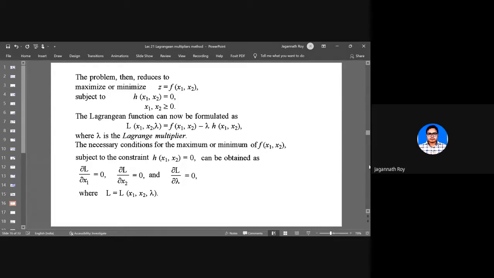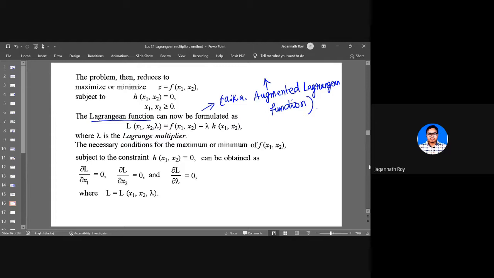And then we have to define a new function, the Lagrangian function. It is also known as the augmented Lagrangian function. Now, what is the meaning of augmentation? To make something's value large.